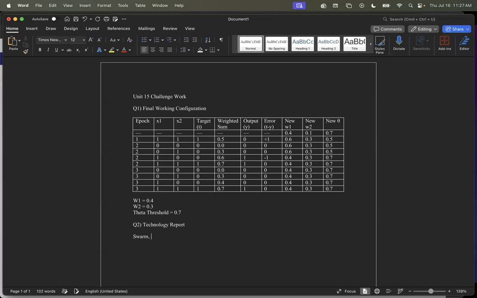So swarm intelligence, modeled after the collaborative behavior of ant colonies, has revolutionized how modern telecommunications networks route massive data traffic.